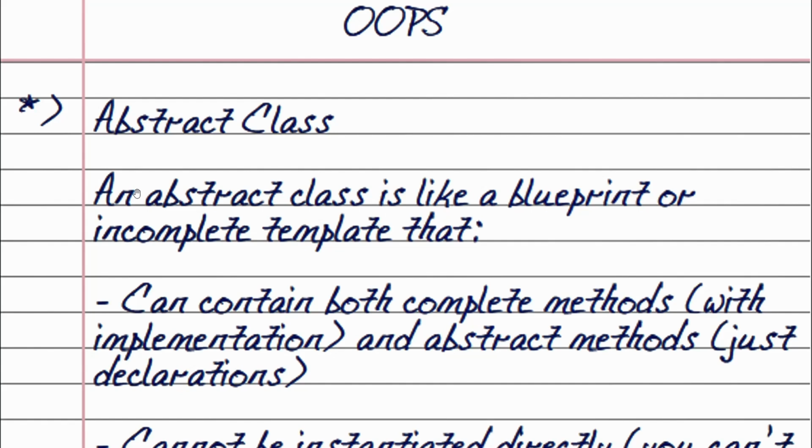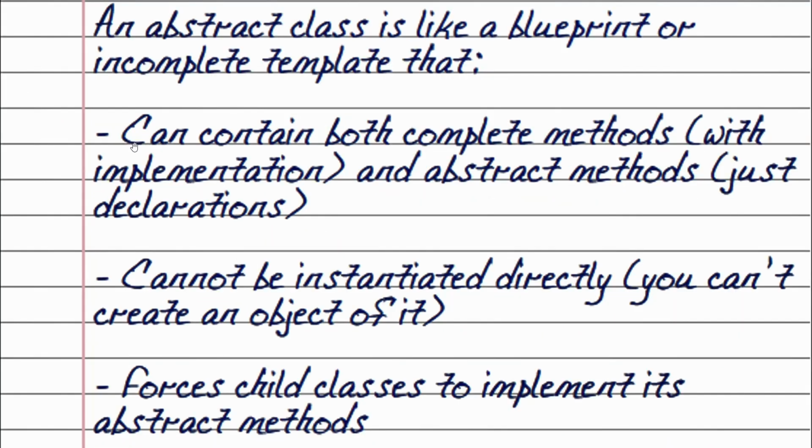So let's start. An abstract class is like a blueprint or incomplete template that can contain both complete methods and abstract methods. So in an abstract class, abstract methods as well as non-abstract methods are allowed. It cannot be instantiated directly.